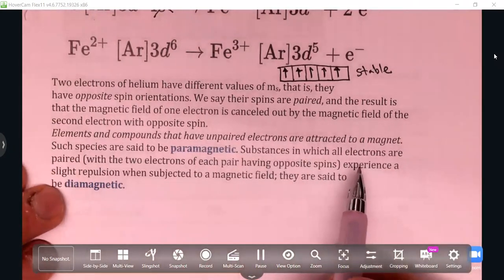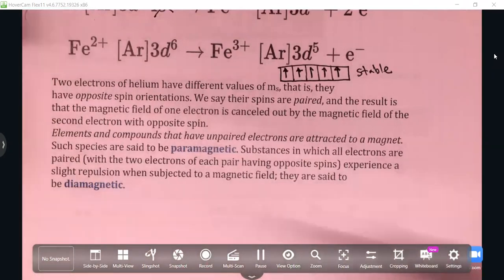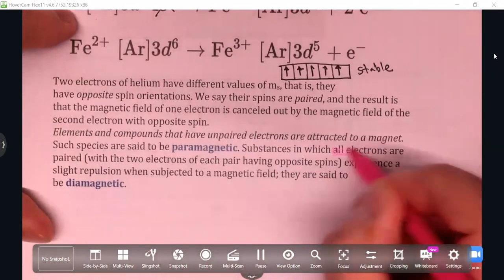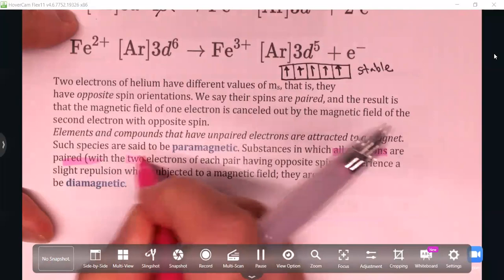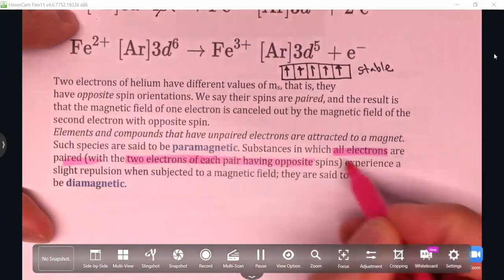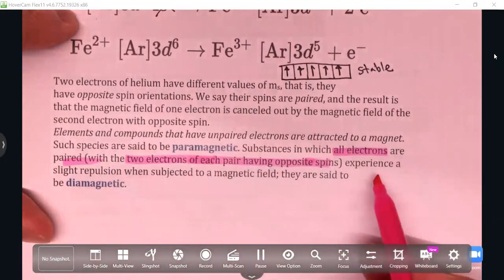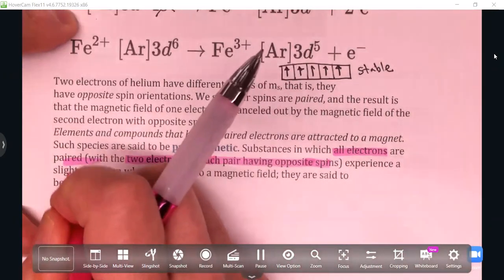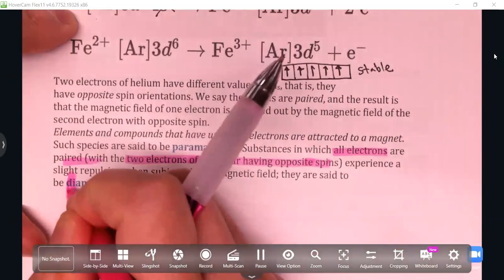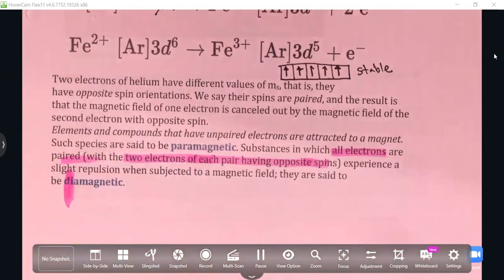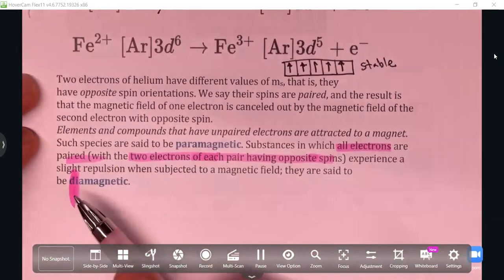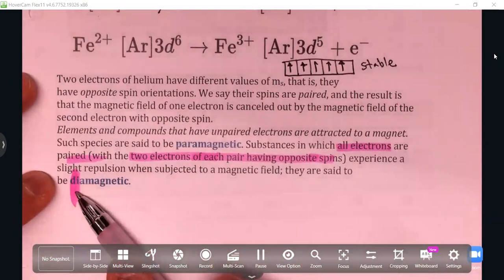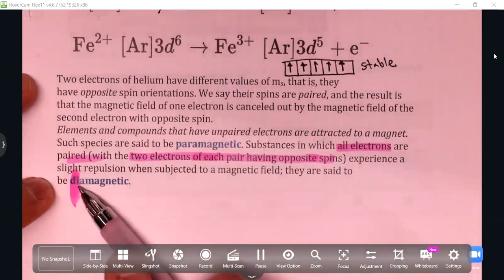Substances in which all electrons are paired experience a slight repulsion when subject to a magnetic field. They are said to be diamagnetic. Here's my pair. These are diamagnetic if they are paired. Think of everything's got to have double opposite spins.